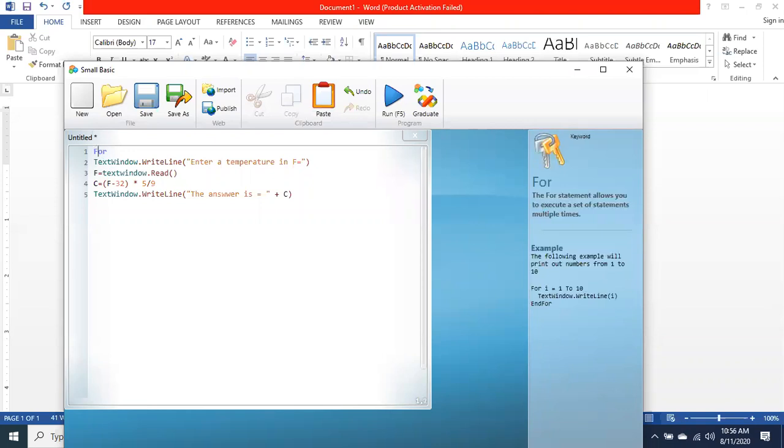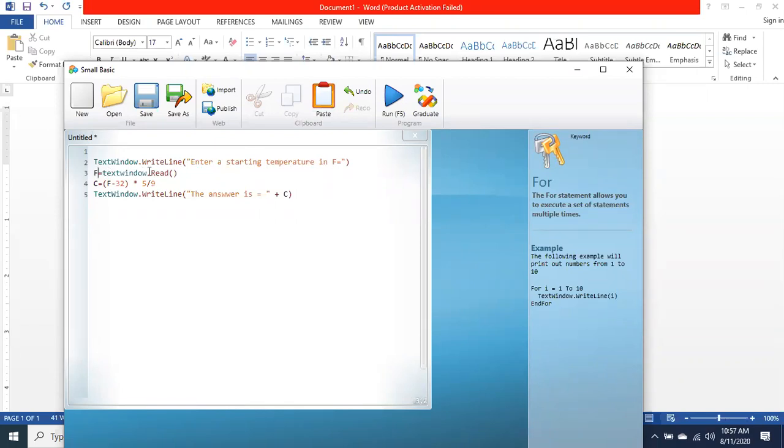So what we will do is we will tell the user, using TextWindow.WriteLine, enter the starting temperature in Fahrenheit, and we will take input in it.